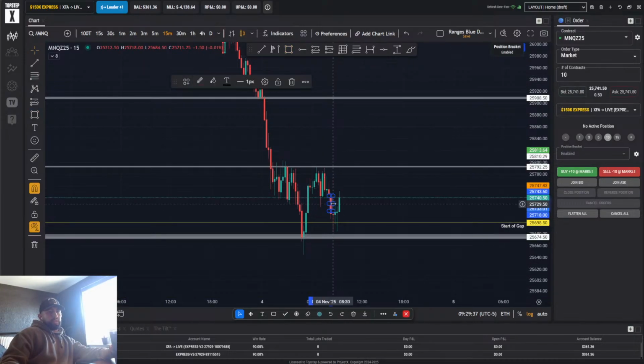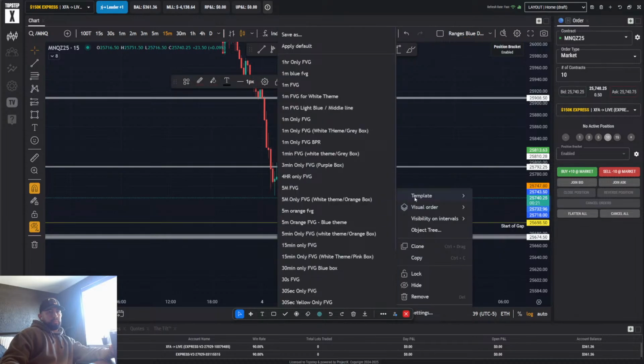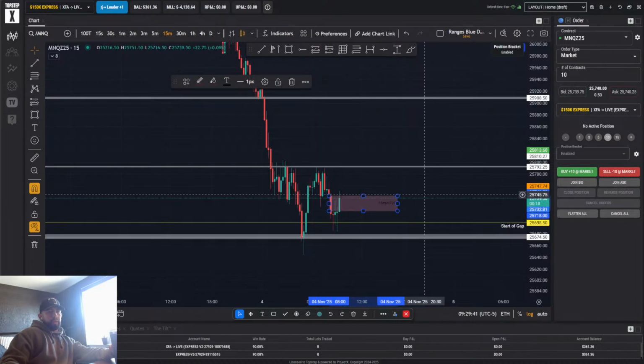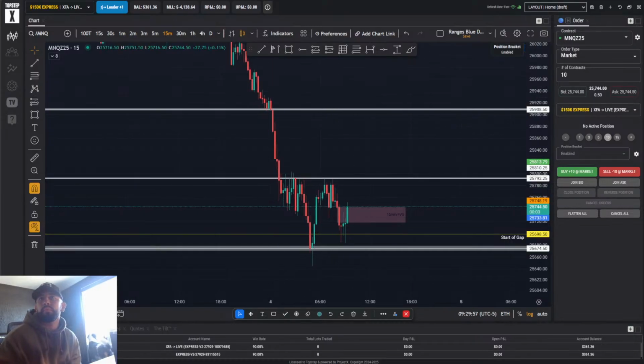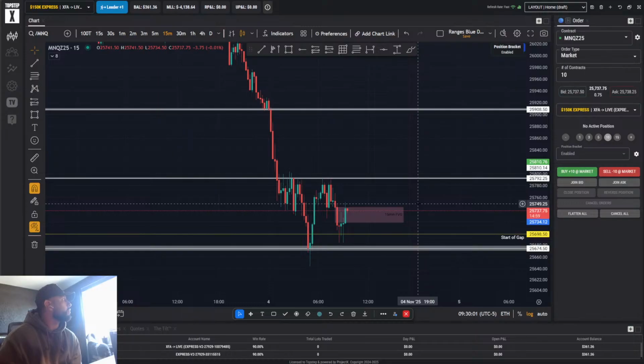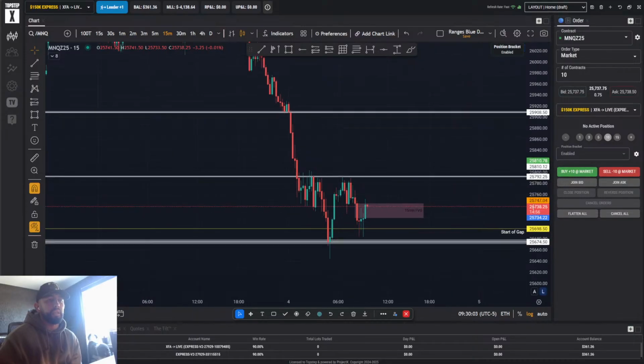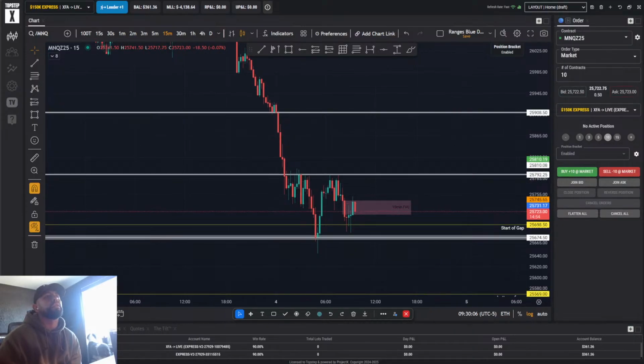Give the weekend versus 15-minute. 15-minute fair value gap here. Market's about to open up. We didn't inverse that 15-minute. I think we're gonna come down.